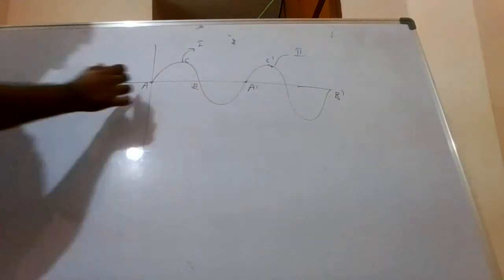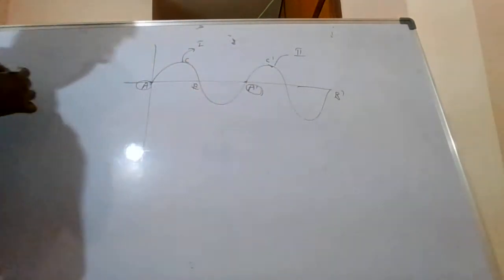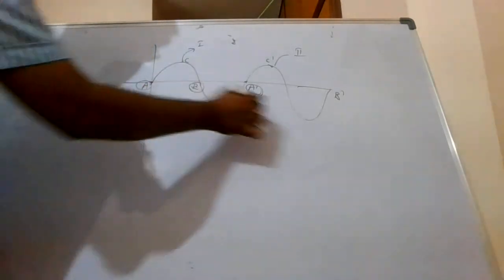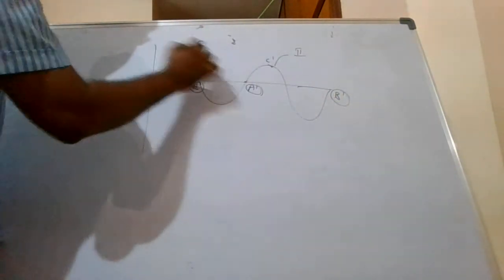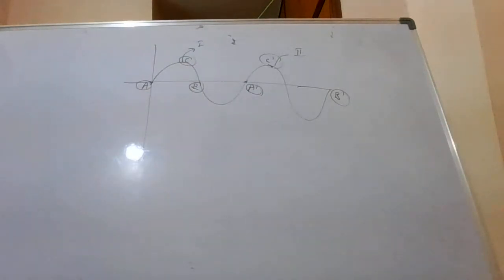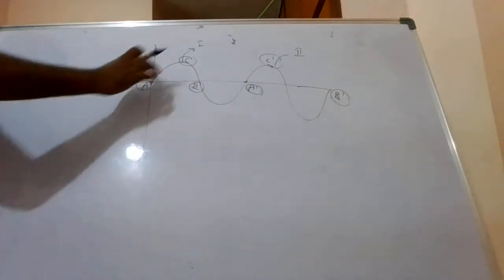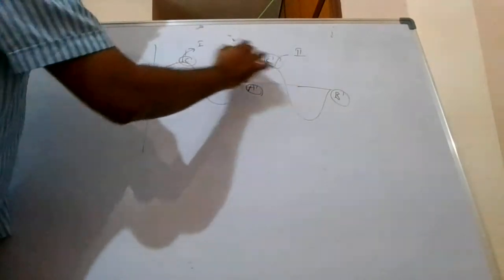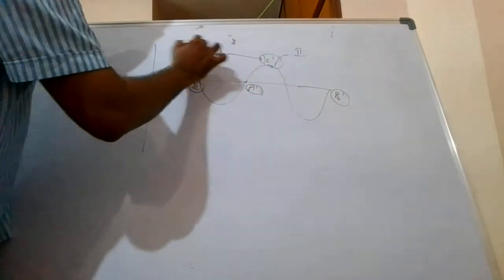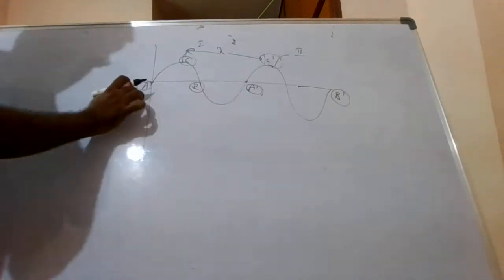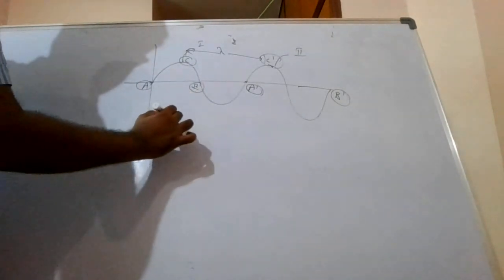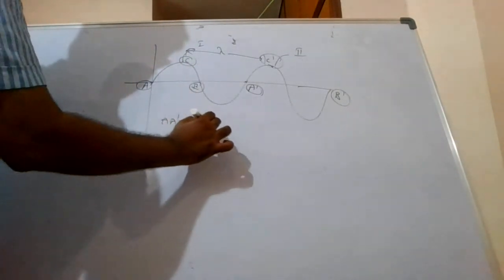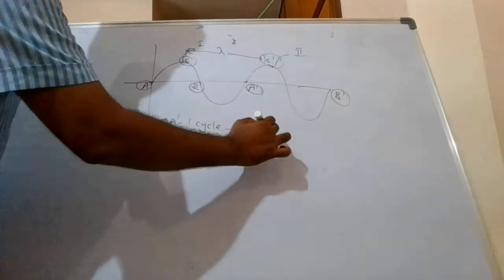Can I say that A and A dash is similar? B and B dash is similar? C and C dash is similar. Okay. So, what is the distance between C to C dash? The distance is your wavelength only. Now from A to A dash, you are calling it one cycle, which corresponds to 2 pi radians.